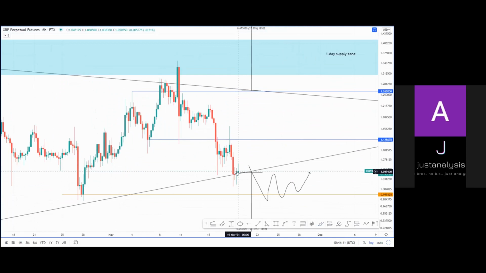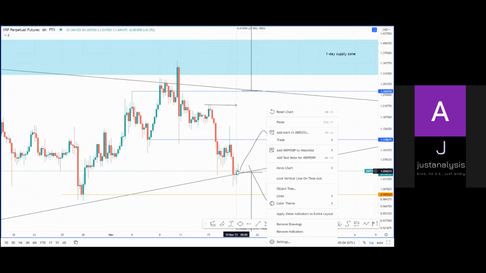the reason for this bullish outlook is because I'm expecting Bitcoin to bounce off of the 56K level where it is currently at to 60K. So keeping that in mind, I want to see Ripple flip this resistance level at 1.12 and then probably reach for the liquidity resting above these swing highs here at 1.2.